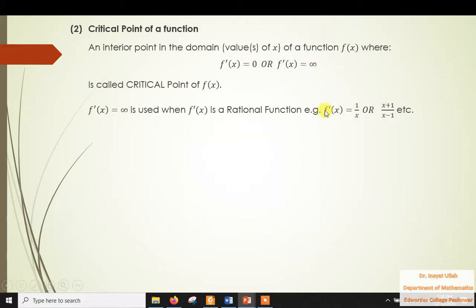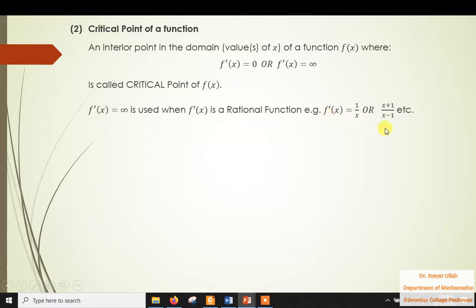And whenever f prime x is not in this kind of fashion, then we just use f prime x equal to 0. I am repeating this statement that whenever f prime x is in this fashion, that the variable x is in the denominator, not in numerator, then we'll put f prime x equal to infinity in order to find the critical point of the function.